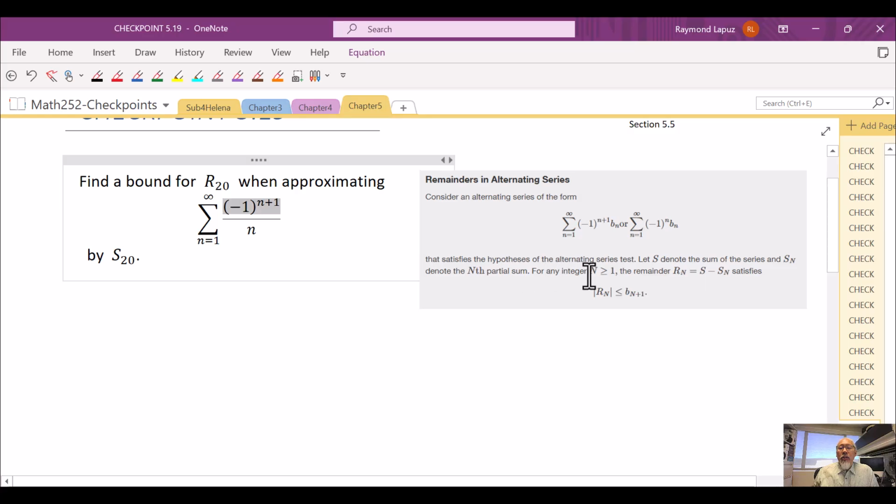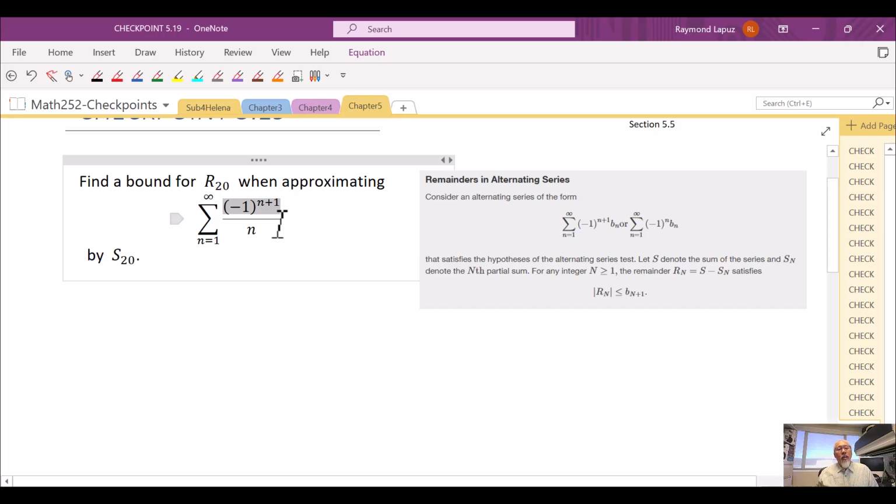It says for any integer capital N bigger than 1, the remainder r sub n is going to equal the actual sum minus the nth partial sum. And it satisfies this equation that the remainder, r sub n, is going to be less than the n plus first term of the unsigned series, the part of the series that does not have the negative 1 to the n plus first power.